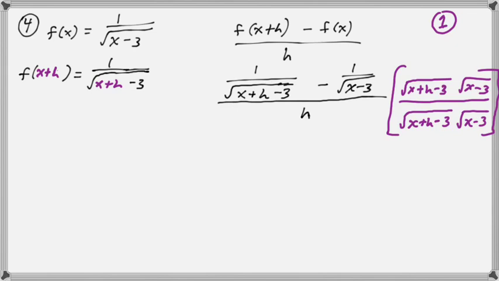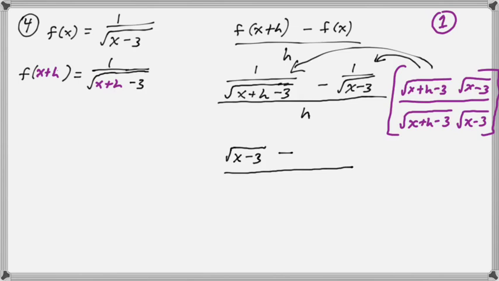When I multiply here, the multiplication division, these two would cancel, leaving me just that radical x minus 3. So when I multiply there, I'm going to get radical x minus 3. Minus, when I multiply here, what's going to cancel?